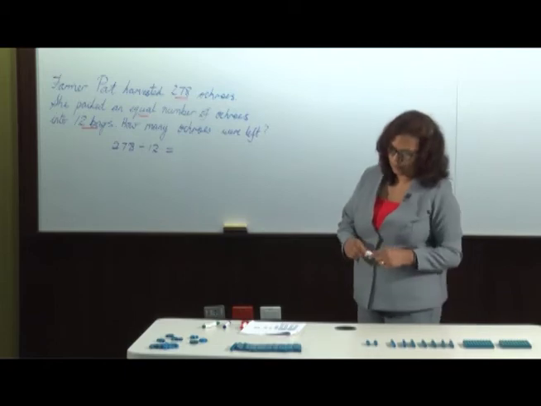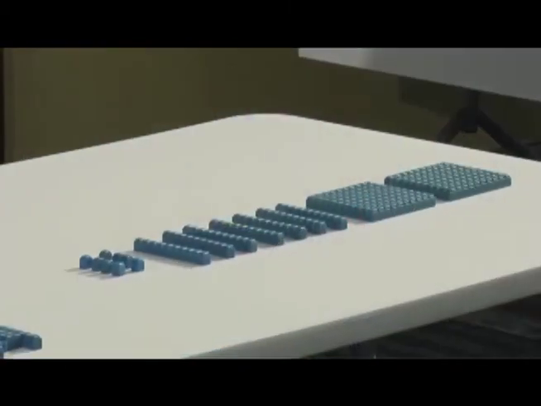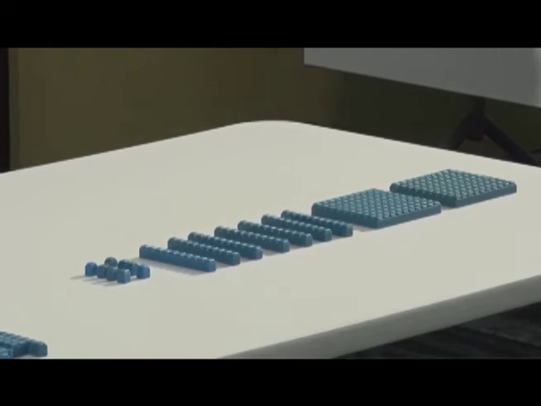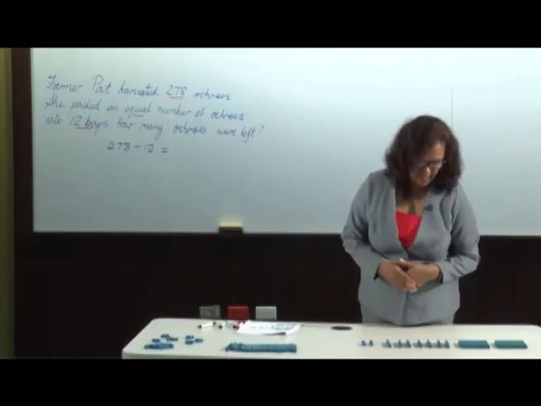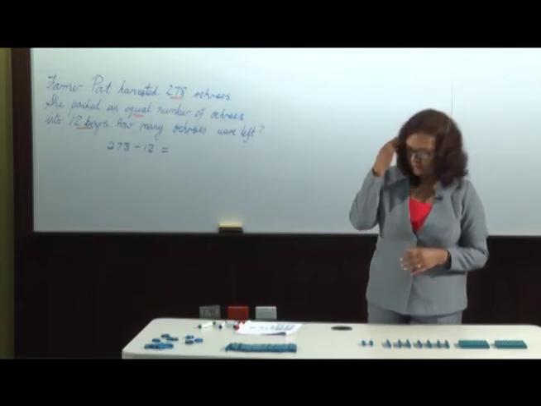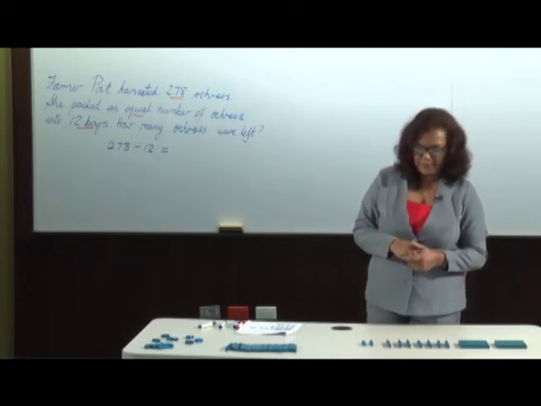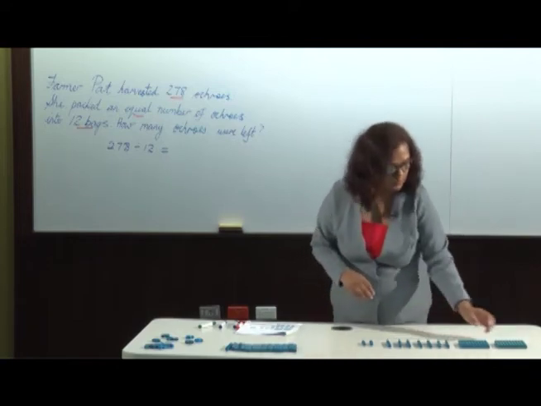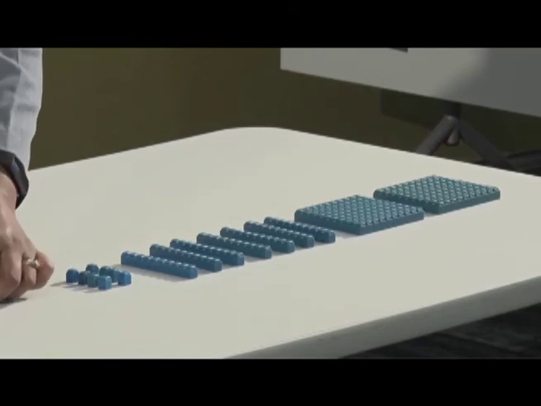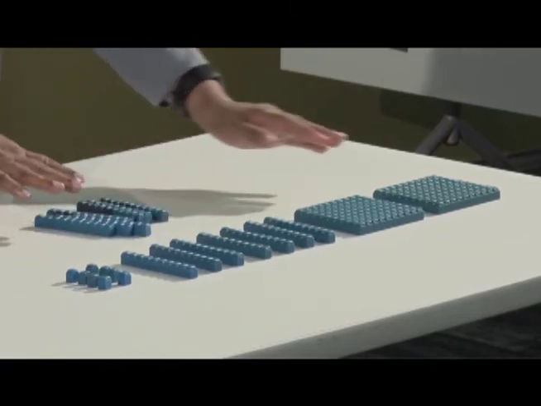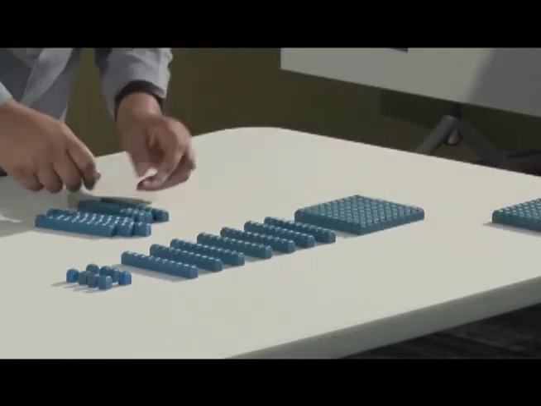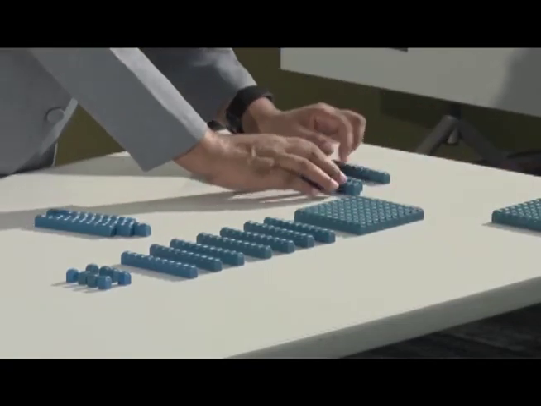Now, if we look at what we have, we will need to do some trading because it's going to be very difficult, as they are here, to divide them into groups of 12. So what I am going to do is replace each of the flats, which is the same as 10 rods, with 10 rods.